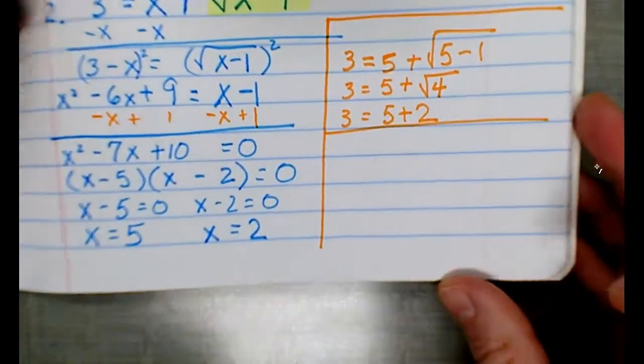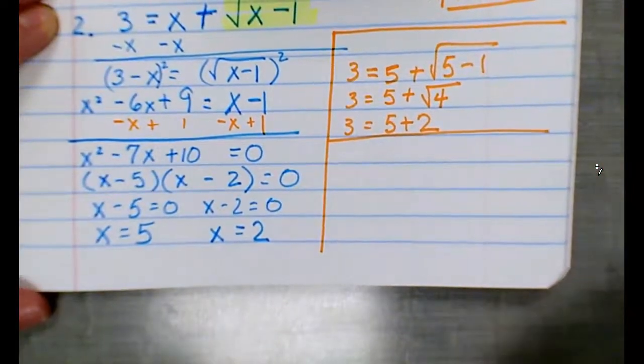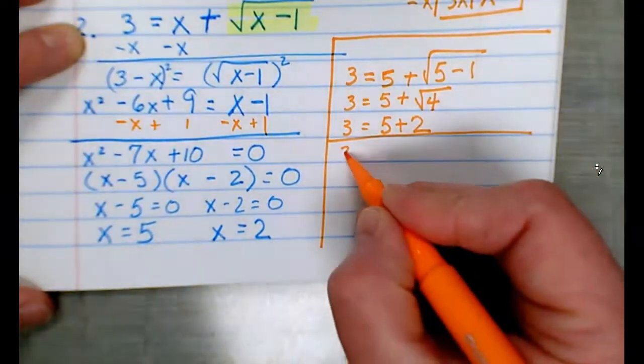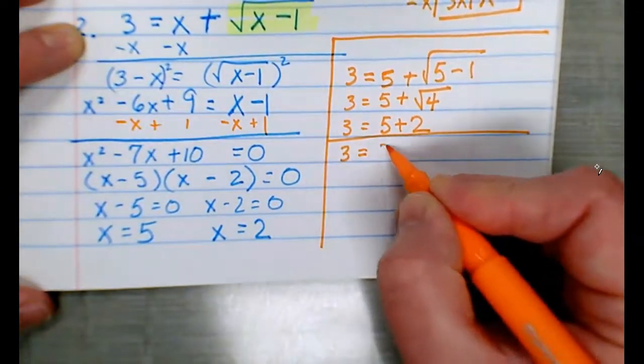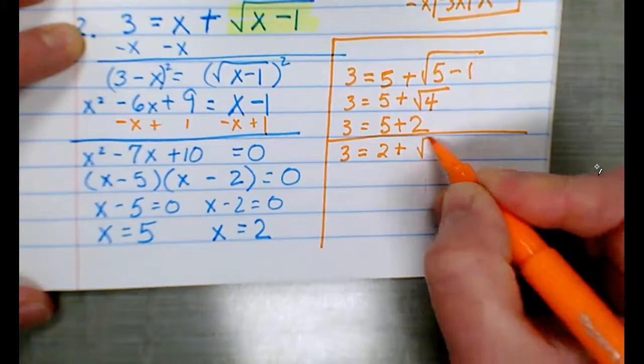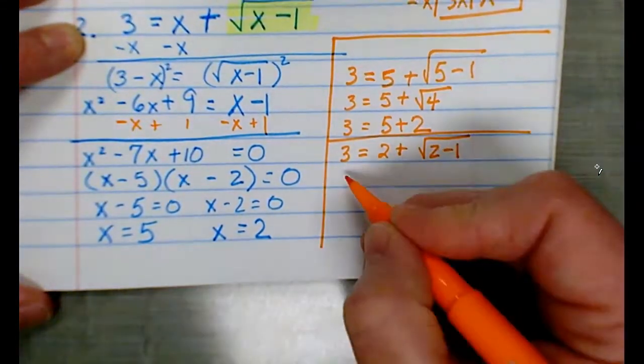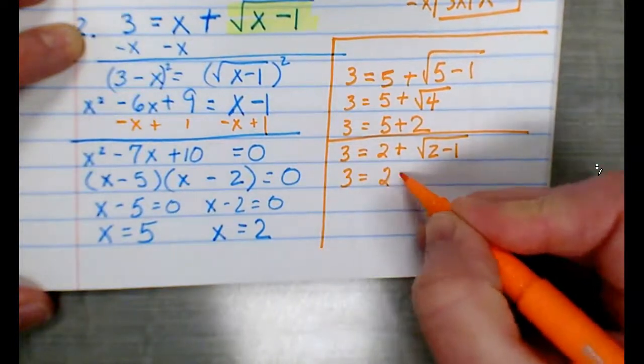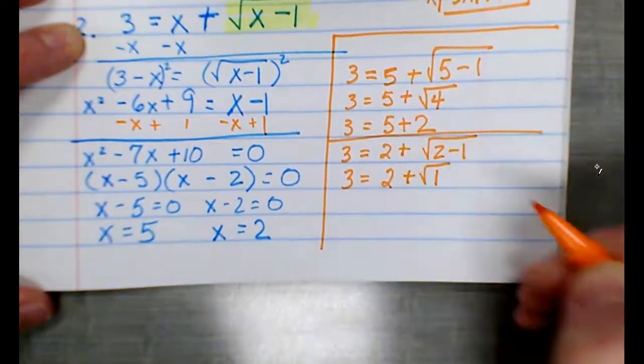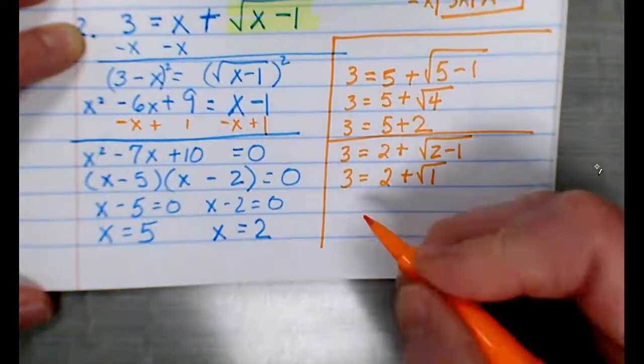So my next one. 3 equals 2 plus the square root of 2 subtract 1 underneath the radical sign. 3 equals 2 plus the square root of 1. What is the square root of 1?